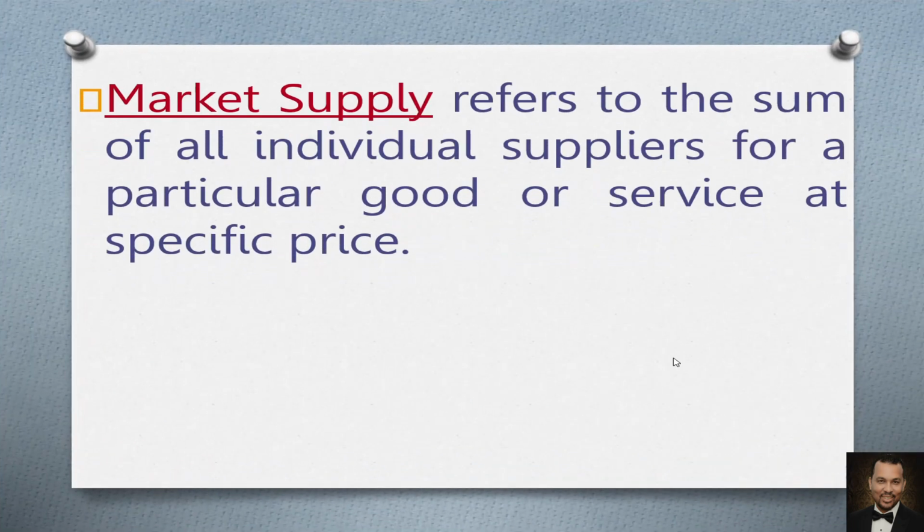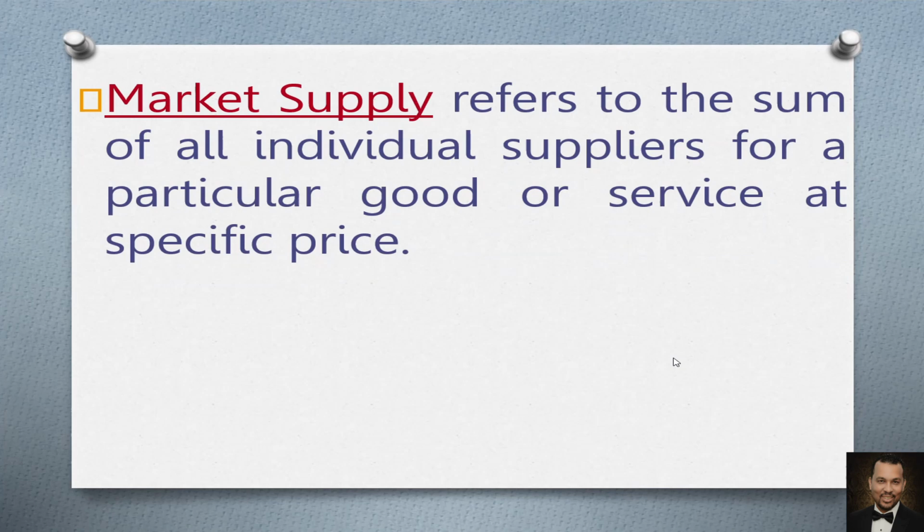Market supply is the summation of all individual suppliers for a specific product at a specific price. To understand market supply and individual supply, suppose we have three suppliers: supplier A, supplier B, and supplier C. When the price equals 10, supplier A produces 1 unit, supplier B produces 2 units, and supplier C produces 3 units.